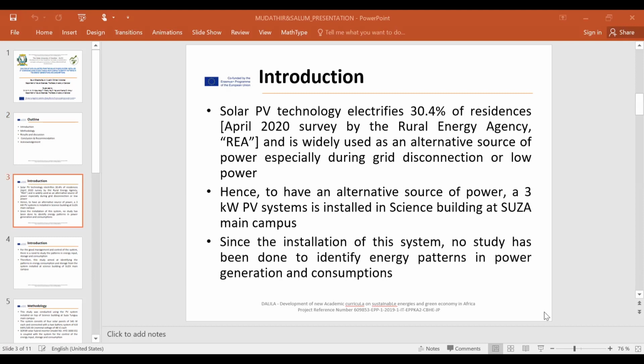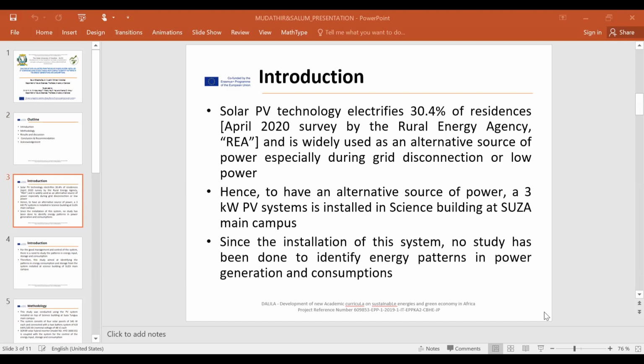We know that solar PV system technology is a renewable energy that is used as an alternative source of energy when there is a disconnection of the power or low power. So we use an alternative source of energy to meet our demand for power all the time.